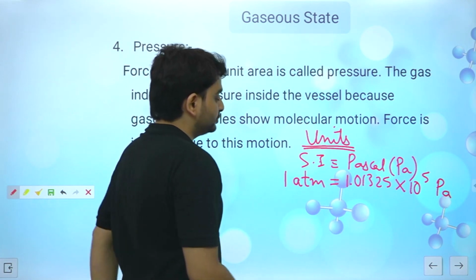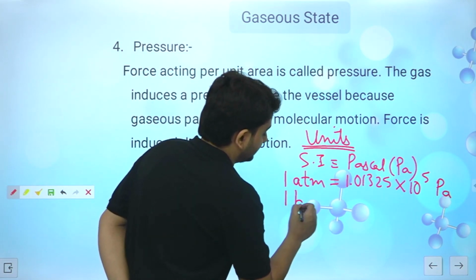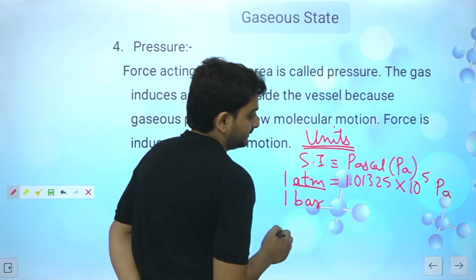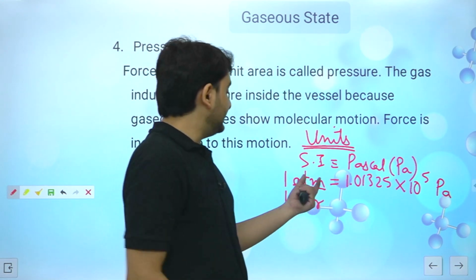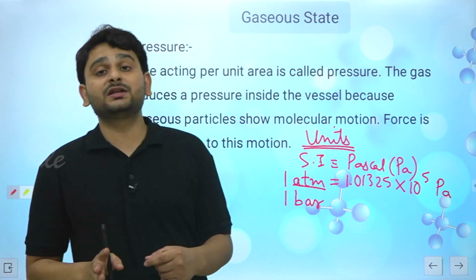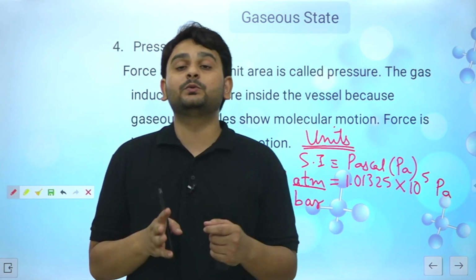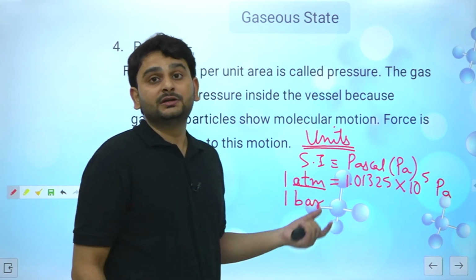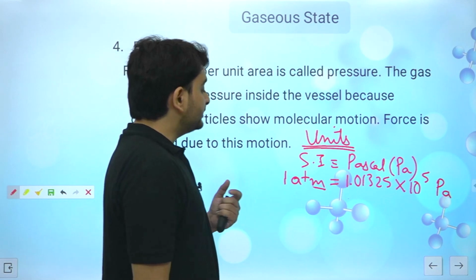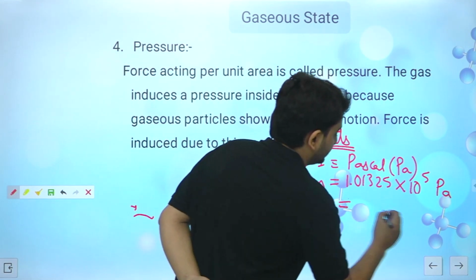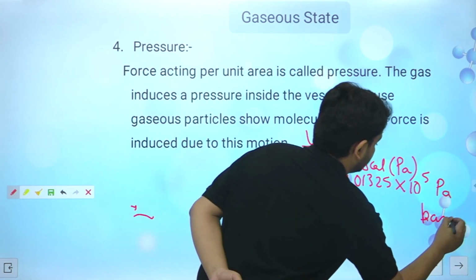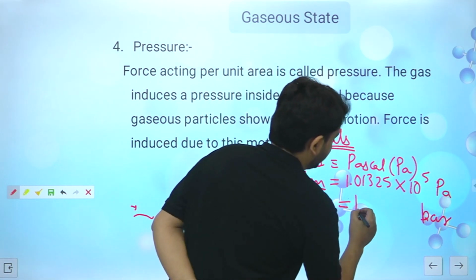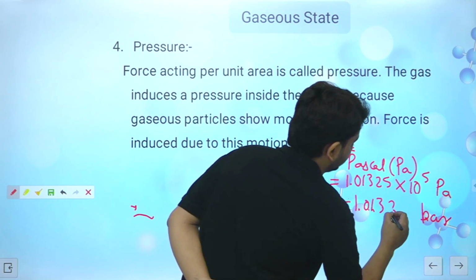The third unit that you should know is 1 bar. 1 bar is related to atmosphere atm, right? This atm is not atmospheric pressure. The atmospheric pressure at a certain time can be equal to 1 atm, but this 1 atm is a unit. It's not atmospheric pressure. I hope you understand the difference, right? Another unit that you should be knowing about is bar. 1 atm relates to bar as 1.01325 bar.